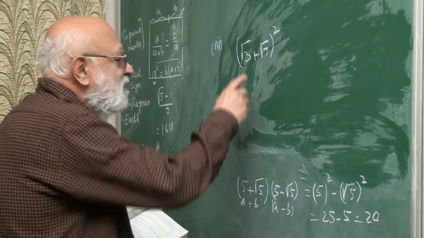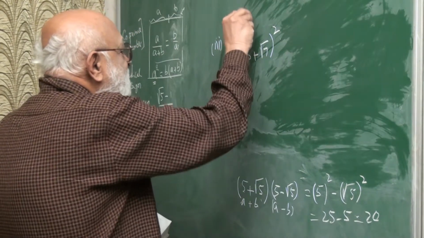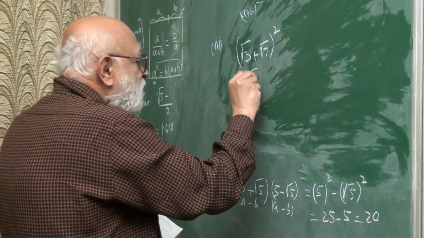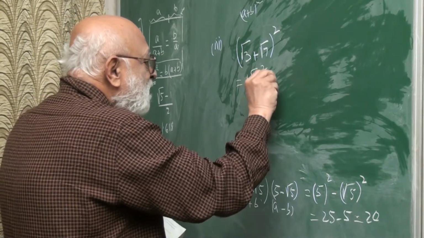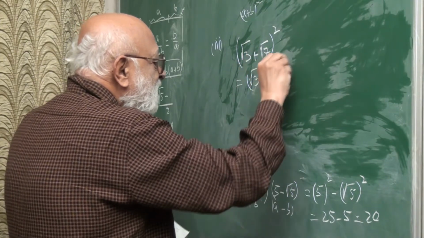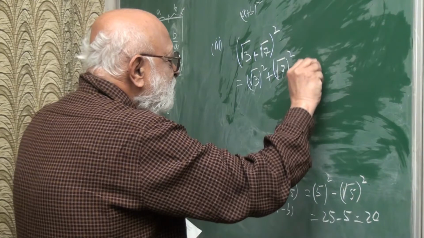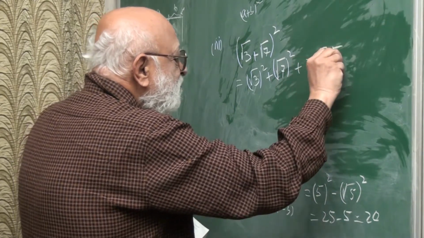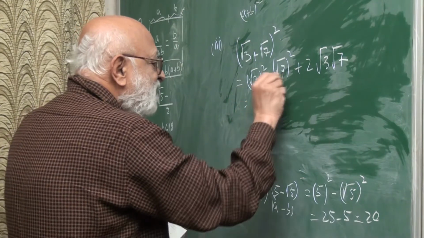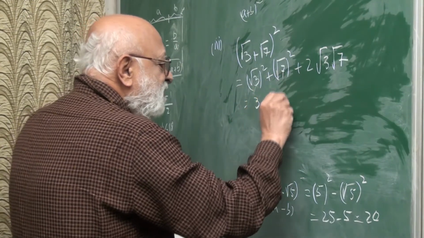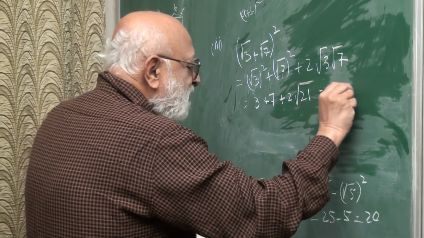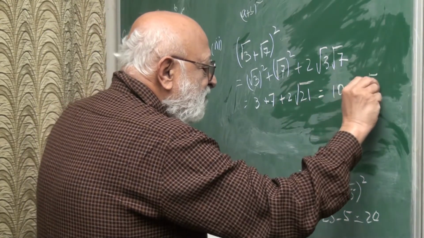Using the a plus b whole square formula, that would be root 3 square plus root 7 square plus 2 into root 3 into root 7. That would be 3 plus 7 plus 2 root 21, that is equal to 10 plus 2 root 21.